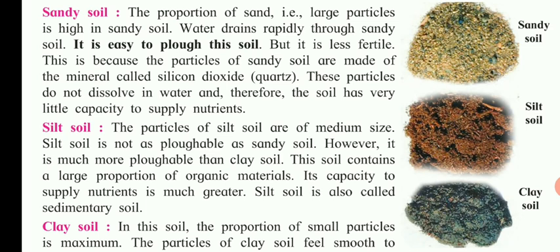Why is it less fertile? Because the particles present in the sandy soil are made of silicon dioxide, so the water does not dissolve it. Because of that, the sandy soil has very little capacity to supply nutrition.